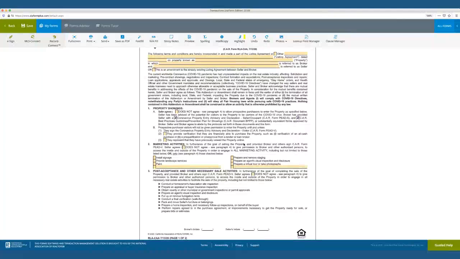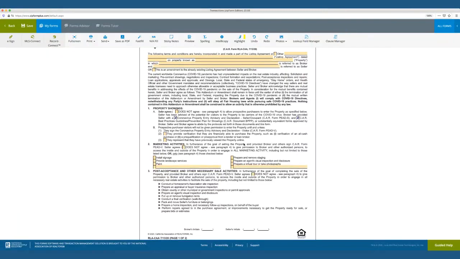Property showings. This is the first thing that your seller has to decide in regards to coronavirus: when they're selling their house, are they going to allow people to view it, to physically come to the property and look at it?